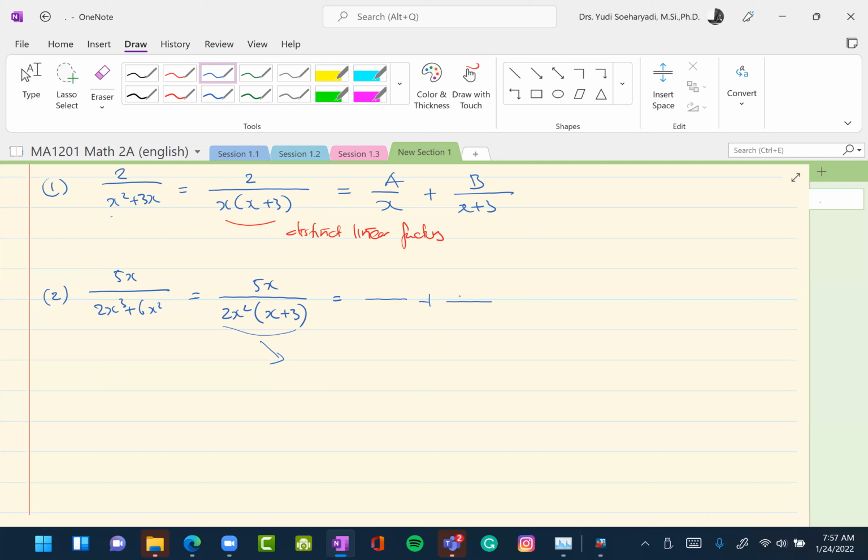Do you just split 2x squared with the bracket, sir? Split, so what do you mean? Split the x with the bracket. Yeah, so the first fraction has a denominator of 2x squared and the second denominator is x plus 3. And what do you put on the top? A on the first denominator and bx plus c on the second one. A. Here you have bx plus c.